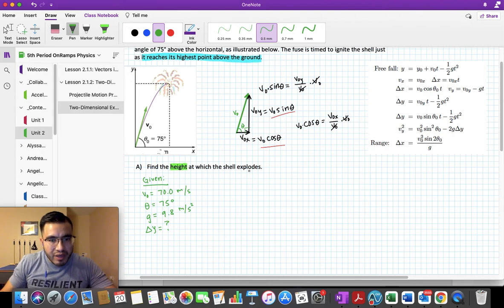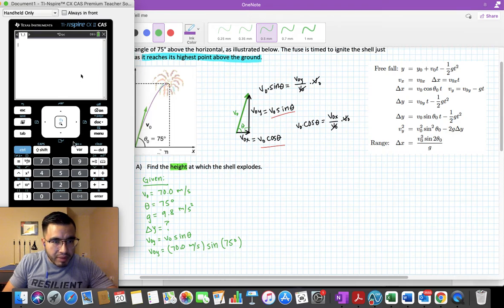So let's find V naught y. V naught y is V naught times the sine of theta. So V naught y equals V naught, which is 70.0 meters per second, times the sine of 75 degrees.